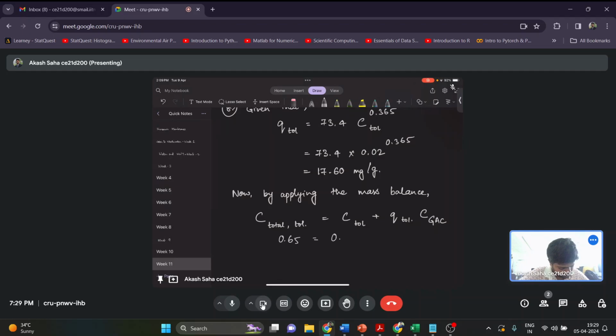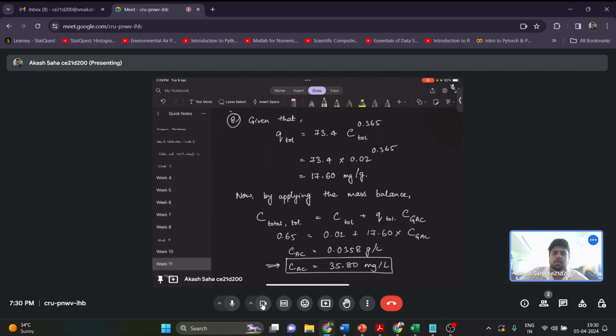The final left is 0.02 plus Q value 17.60 into C GAC. Okay. So my C GAC, if I solve this, I'll get it as 0.0358 gram per liter. Or we can say that C GAC is 35.8 milligram per liter. So this is my final solution.